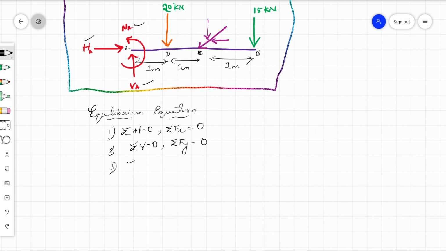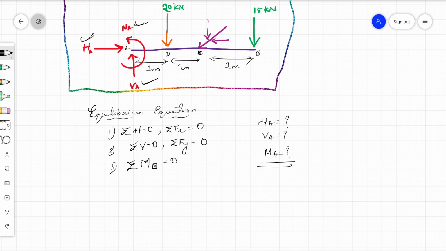And third is summation of all the moment about a point, that point, is equal to 0. So these are the three equilibrium equations. With the help of three equilibrium equations, we can find three unknowns actually, that is HA, VA, MA. Our aim is to find the value of HA, the value of VA, and the value of MA.